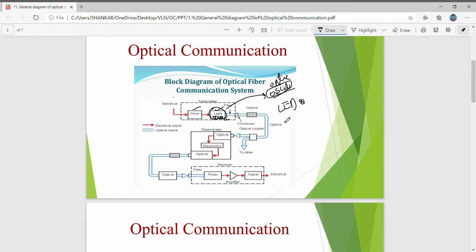The LED is used for short distance communication, and the laser is used for long distance communication.